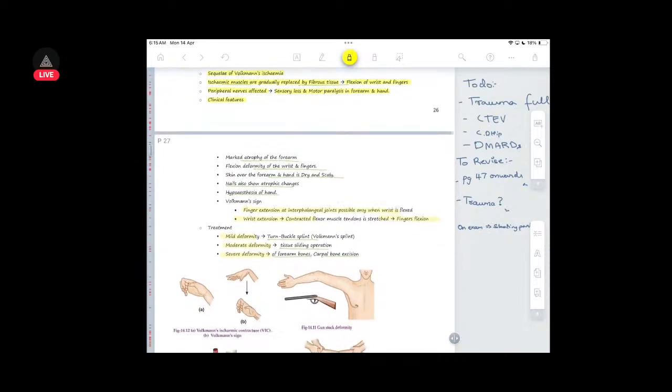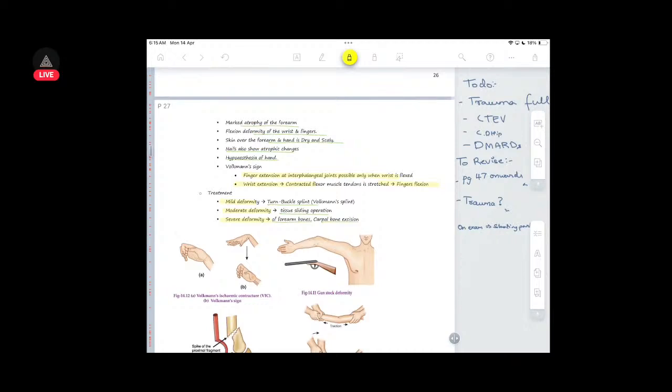Clinically, the features are marked atrophy of the forearm, flexion deformity of the wrist and fingers, skin on the forearm and hand is dry and scaly, nails show trophic changes, there is anesthesia of the hand, and Volkmann's sign is seen. Finger extension at the interphalangeal joints is possible when the wrist is flexed. However, when the wrist is extended, the contracted flexor muscle tendons are stretched, leading to finger flexion.